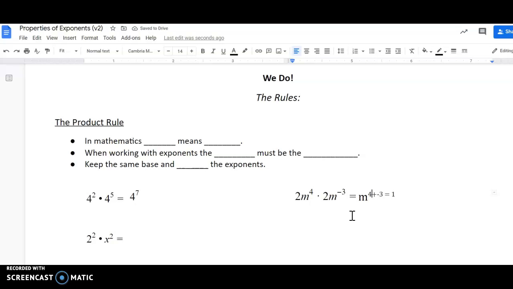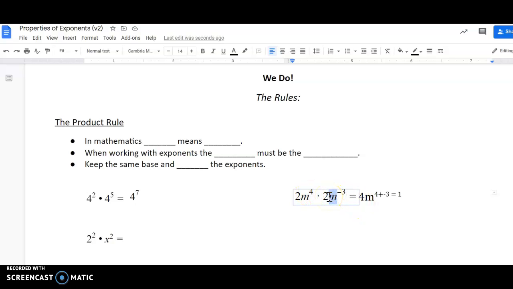Now we forgot something here. I did it on purpose. We have these 2's. Those are not bases. Those are called coefficients. So those two numbers just get multiplied as ordinary. So 2 times 2 gives us a coefficient of 4. The bases, remember, were the m's because those hold up the exponent.